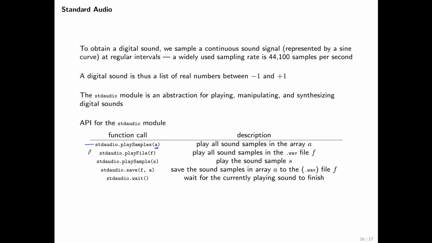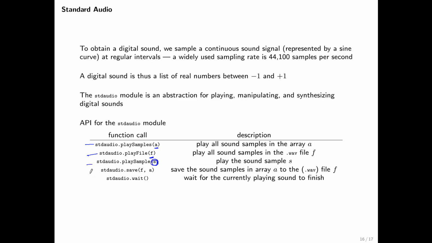And then you can also call this function, stdaudio.playFile, and give it a wave file as an argument, and it will simply play that wave file, right? And then you can play a single sample using this function, play sample. So that simply takes a single floating point number s as an argument and plays it.